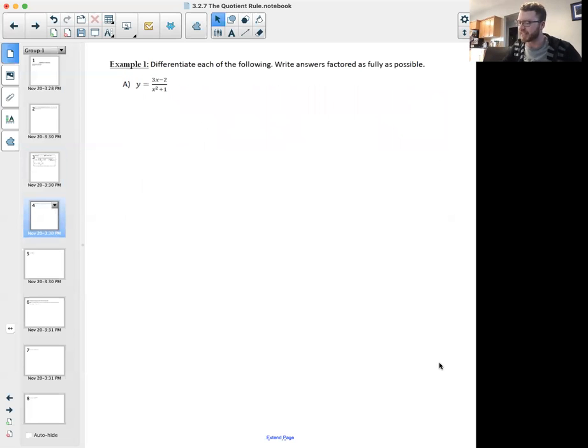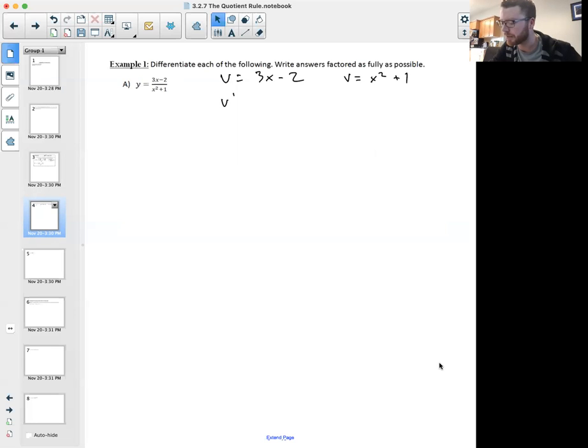Differentiate each of the following, write answers factored as fully as possible. In all cases, u is going to be the numerator. So u is equal to 3x minus 2, and v is going to be the denominator, which is x squared plus 1. Like we've been doing, let's find the derivative of these right away.